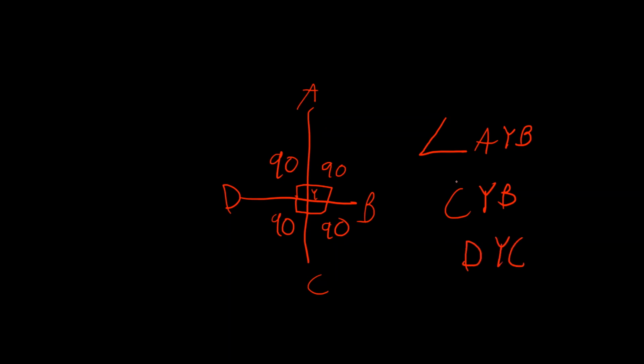DYC is a supplementary angle because AYB and DYC add up to 180 degrees. And DYA is also a complementary angle of AYB because they both add up to 180 degrees.